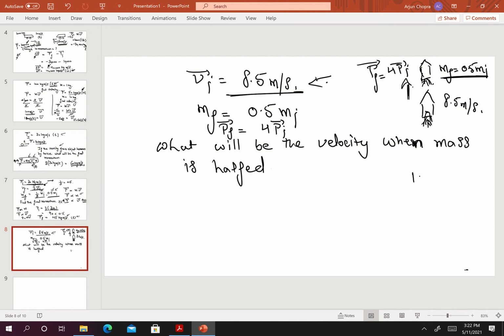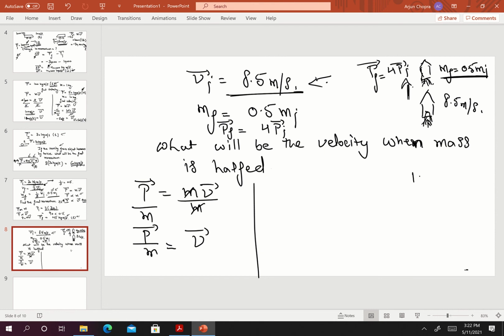So I will rewrite the formula and we will use the concepts which we've learned. P equal to mv, and dividing both sides by m, P upon m is equal to v. Now based on this, momentum has increased by 4 times, so velocity will increase by 4 times. So 8.5 times 4.